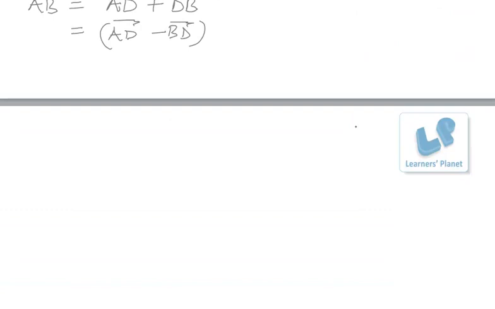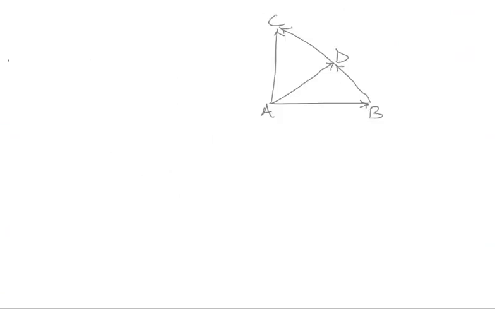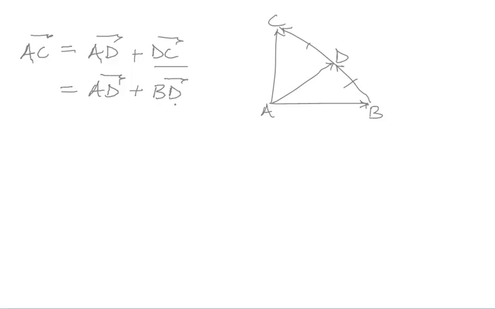Now similarly, vector AC can be written as the resultant of vector AD plus DC. And we know that DC is equal to BD, so this can be written as AD plus BD. This we already know.